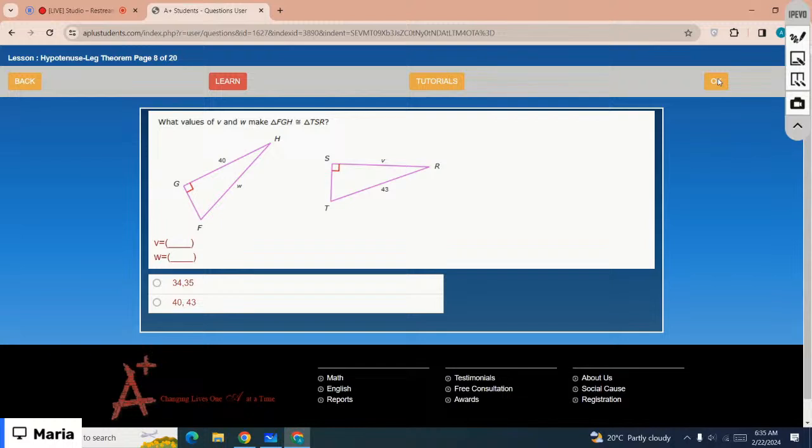The correct option is option number 2, that is 40 and 43. Option 2 is the correct option, right?